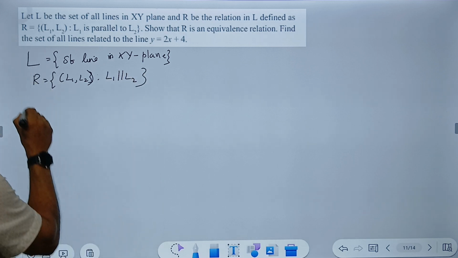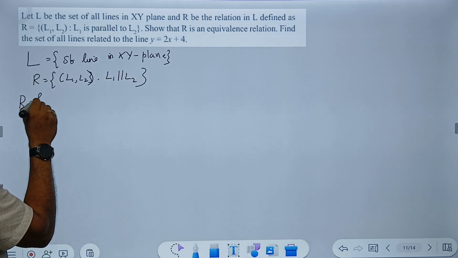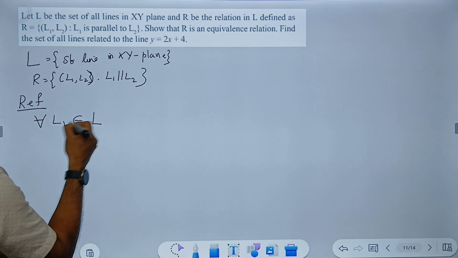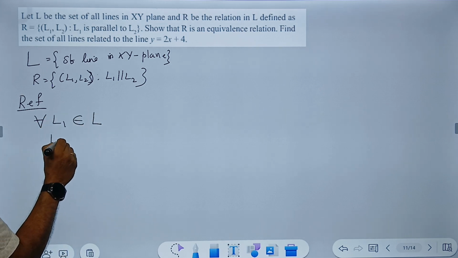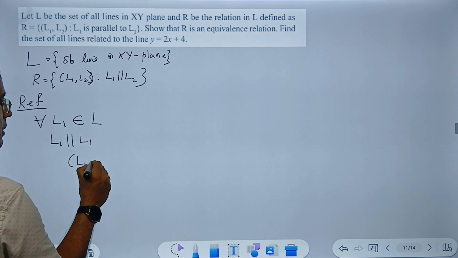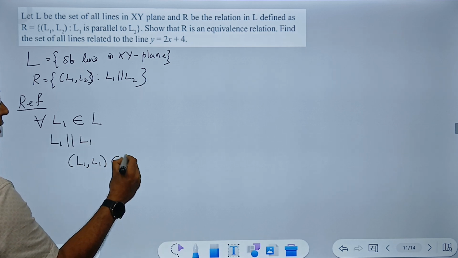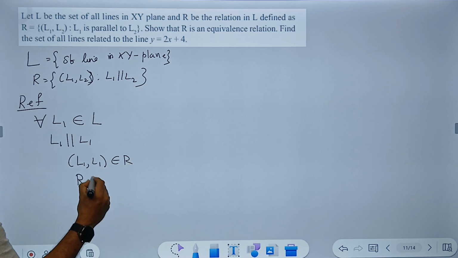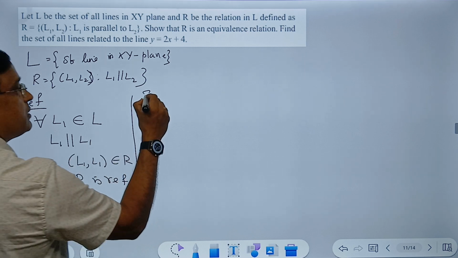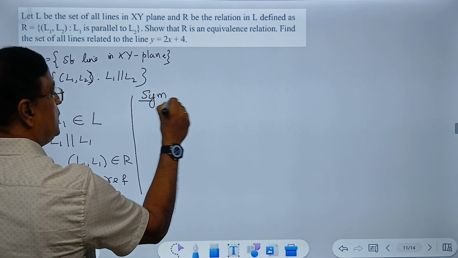Okay, let's talk about reflexive. If I choose L1 belongs to L, you know every line is parallel to itself, right? So clearly (L1, L1) belongs to R. So what type of relation is R? R is reflexive. Let's go to symmetric. It's very, very simple, so we can just go fast.